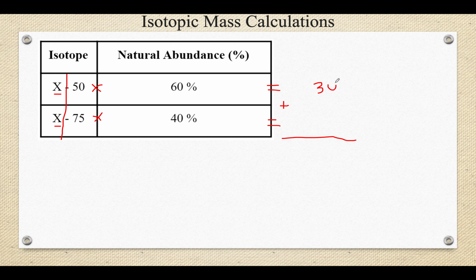Then isotope X-75 has 40% natural abundance, so I multiply 75 by 0.40, and I also get 30. And so now my average isotopic mass is 60 atomic mass units. Don't forget your units. I haven't been writing them, so my bad.